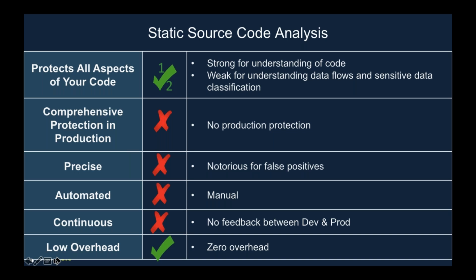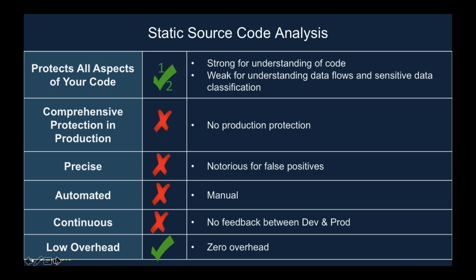And so understanding the sensitive data exposure of your application, which means being able to identify what sensitive data your application is handling, how that flows through your application, and ultimately how it flows from one microservice to the other, is critical to be able to protect your code fully. And that's where source code analysis falls short.